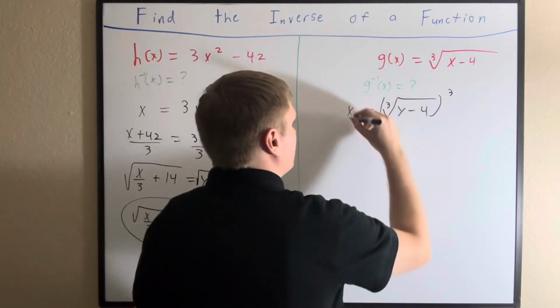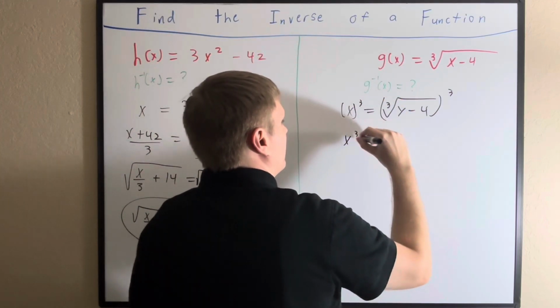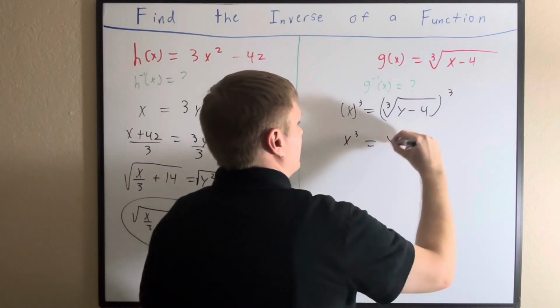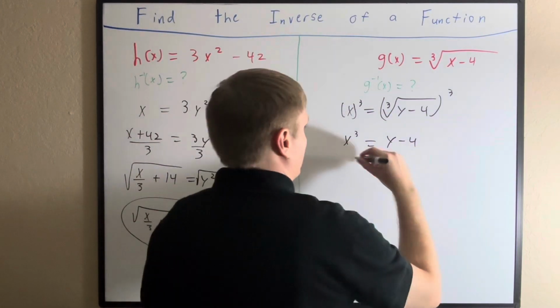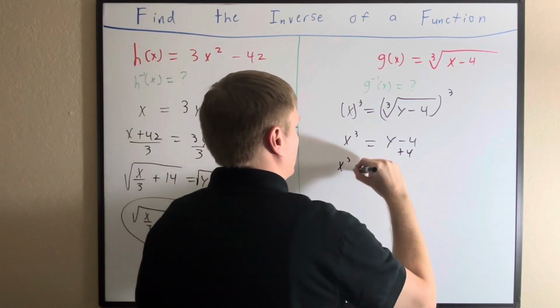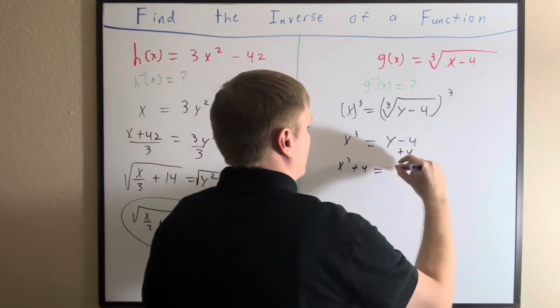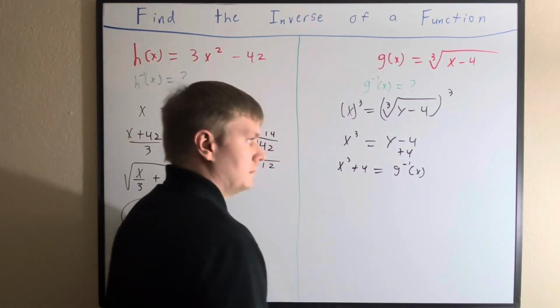Cube it. Cube both sides. X cubed equals y minus 4. Add 4 to both sides. Bam.